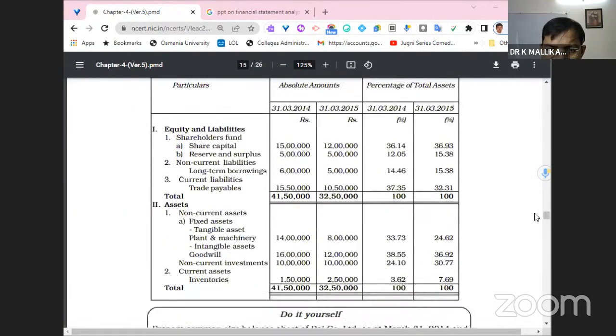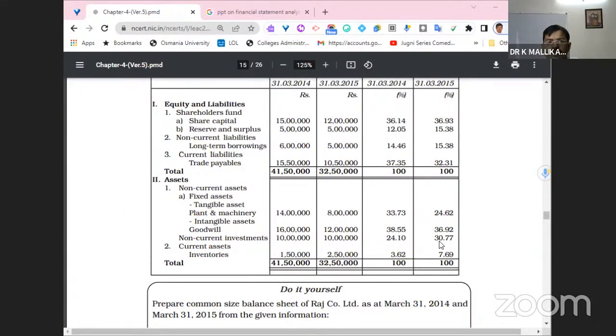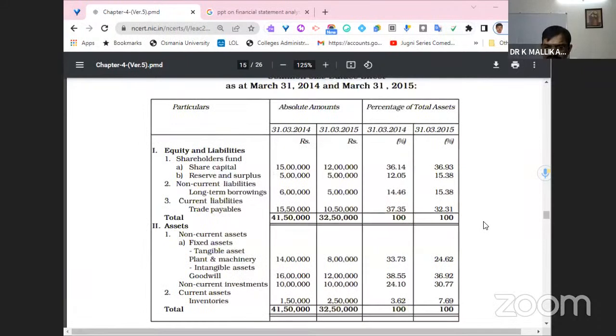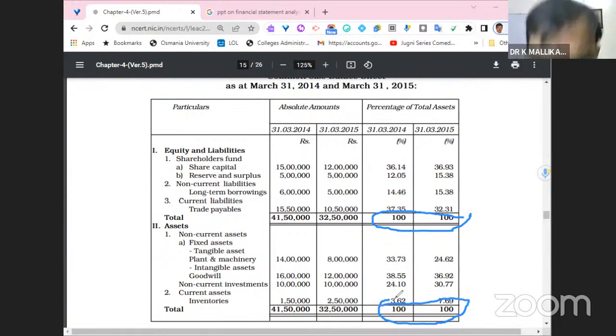When you are calculating common size balance sheets, your total liabilities are 100% and total assets are 100%. It is very simple and it is in the 11th class syllabus, in NCERT. 11th class students learn this problem, and we are degree final year, so it is very easy to understand.